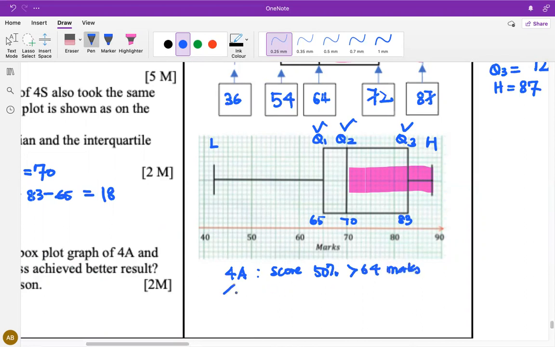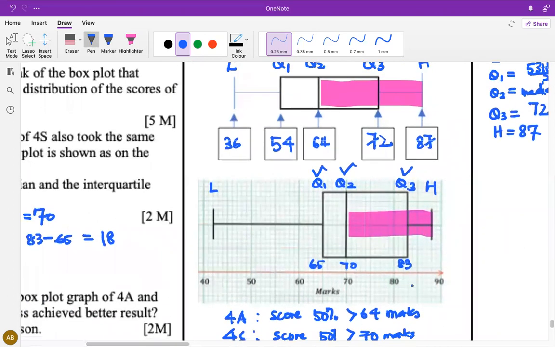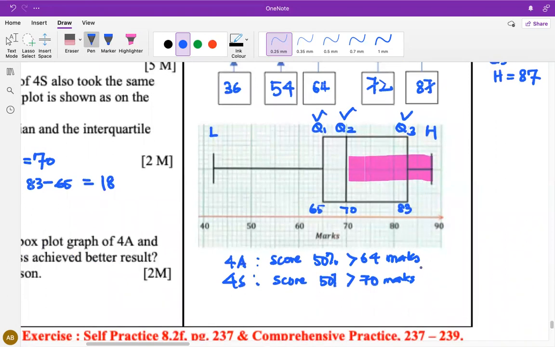Okay, and 4S scored 50% more than 70 marks.